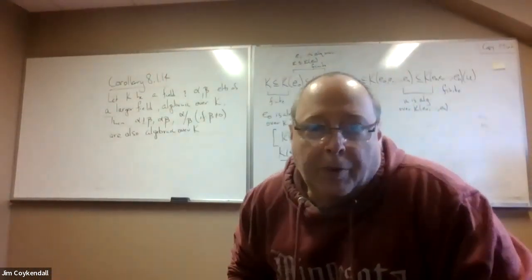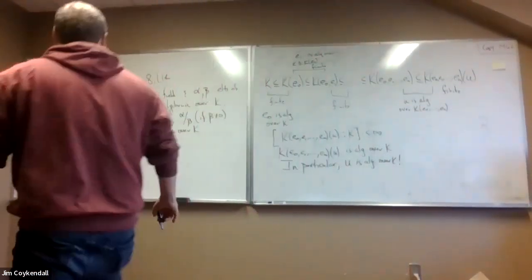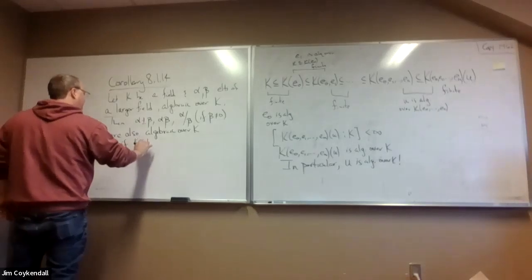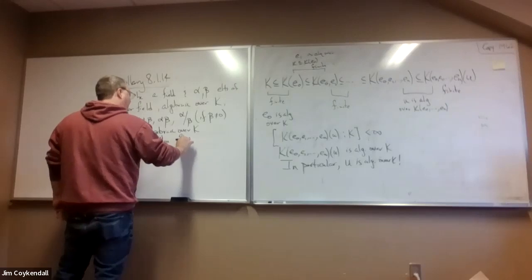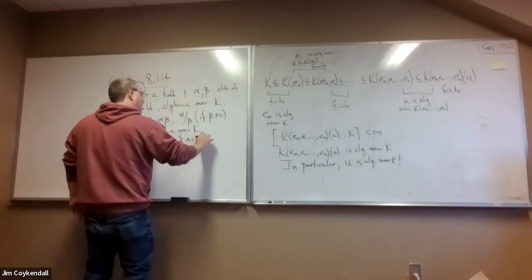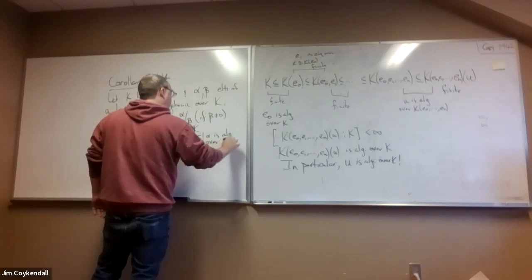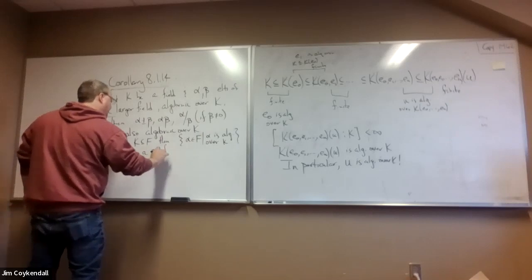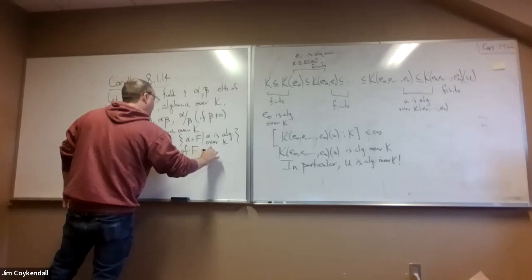And we get this from the previous result. So if K is in F, then the set of elements of F that are algebraic over K is a subfield.